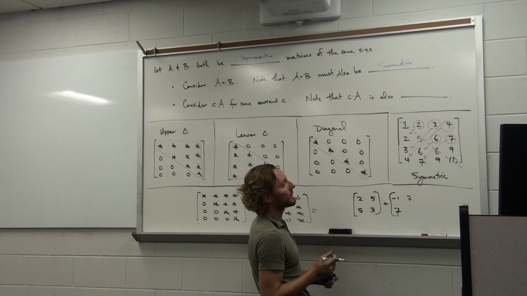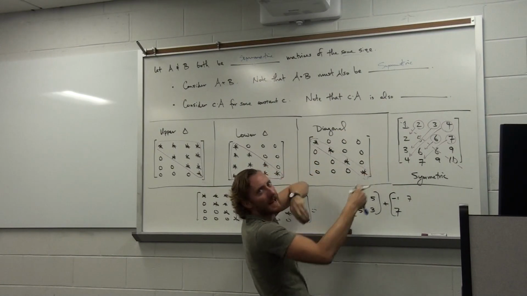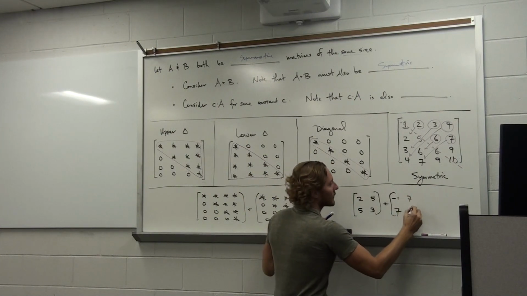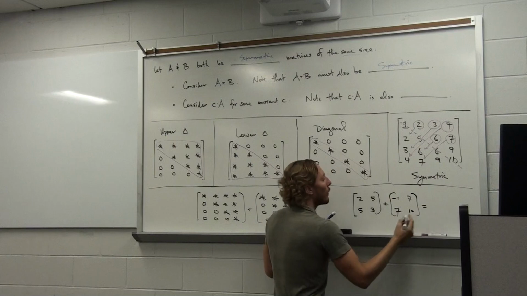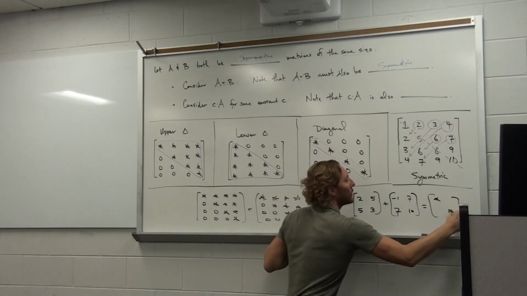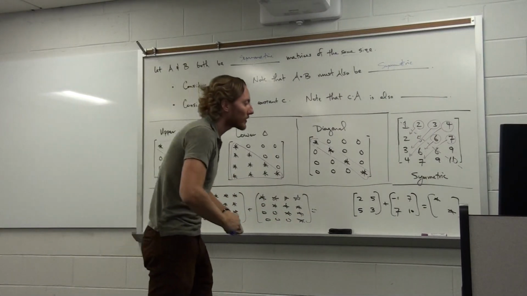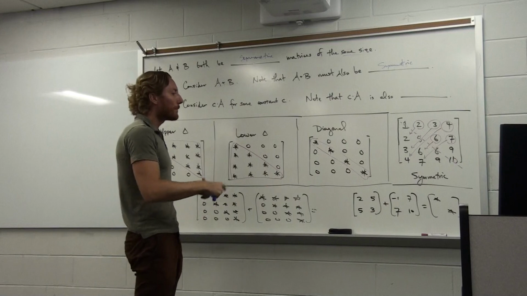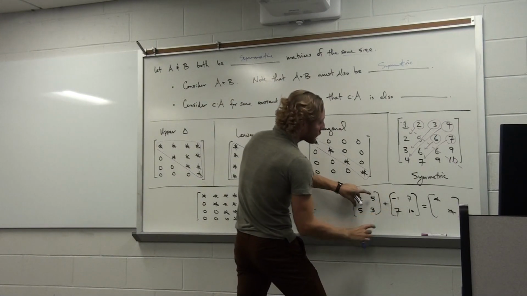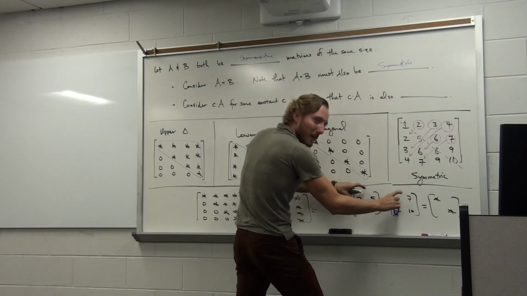The long story short with the symmetric matrix is the diagonal could be anything. Everything off the diagonal is forced to be symmetric. So the diagonal could be anything; let's just say it's 10. When you add these together, the diagonal is again going to be anything. No issue there. But the positions that are off the diagonal are going to be symmetric, because whatever values were in the one matrix and whatever values were in the other matrix were symmetric already.